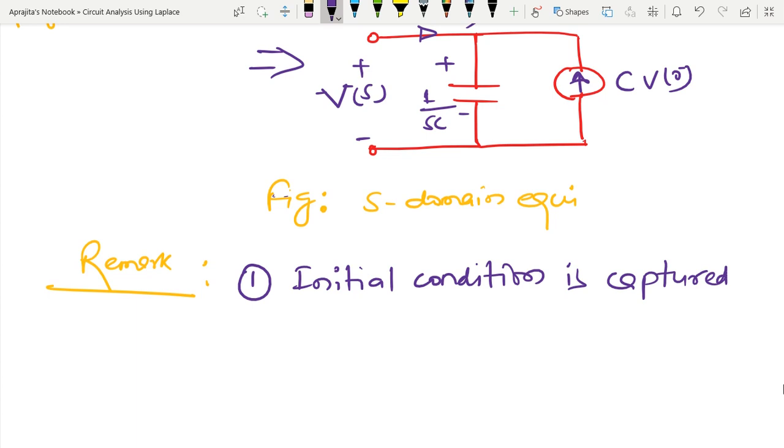Since this method is able to capture the initial condition, we are able to get the response due to the initial condition also. So in this way I am able to get the complete response.